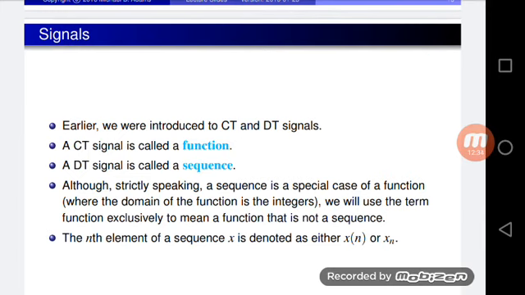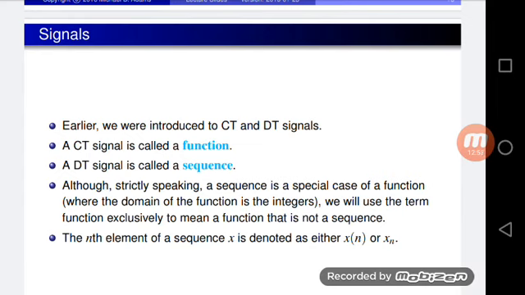Next, signals. Earlier we introduced CT, continuous time signals, and discrete time signals. A continuous time signal is called a function.